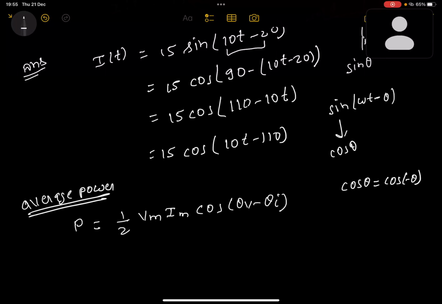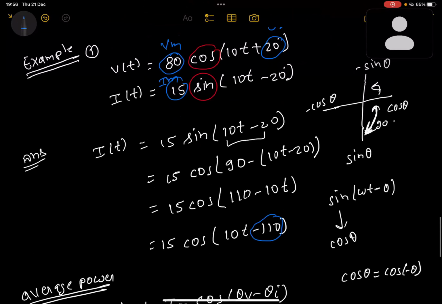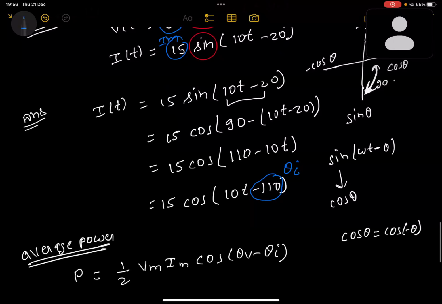This one is the maximum value, Vm, this one is Im, this is theta v, and this is theta i.